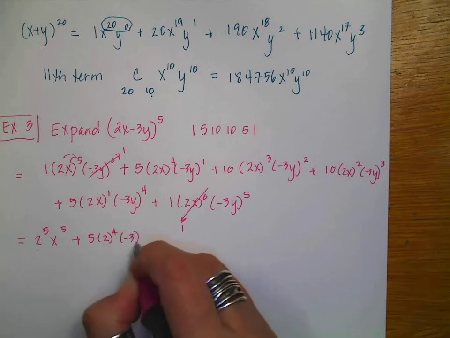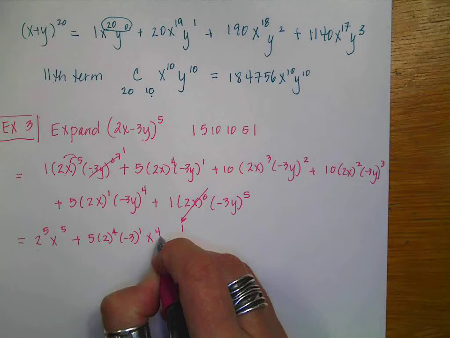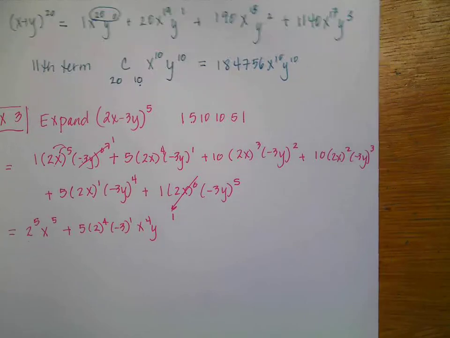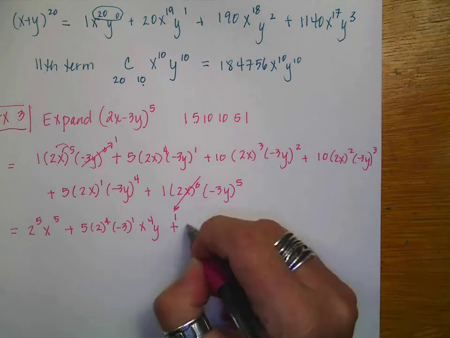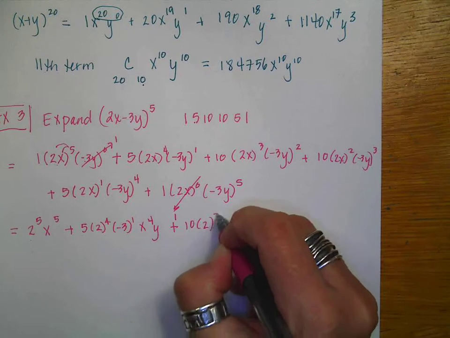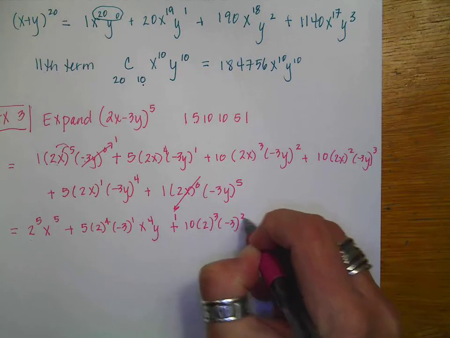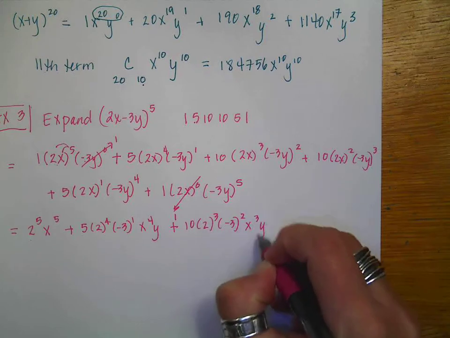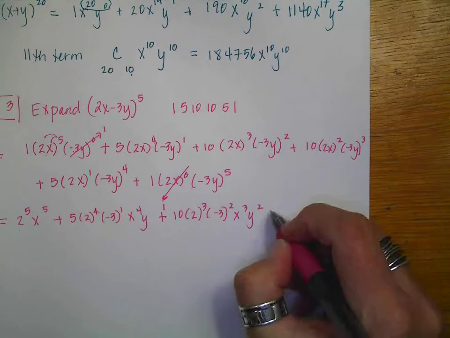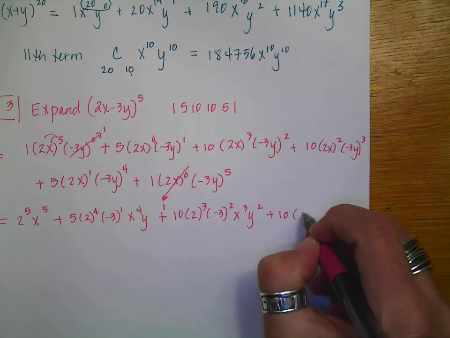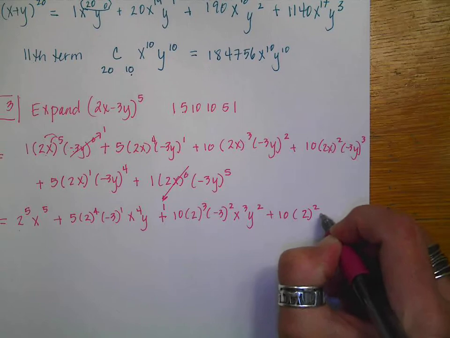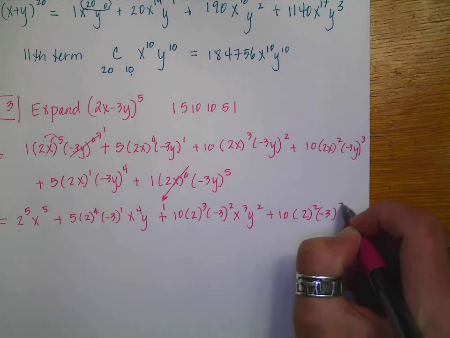Okay, so in the next term, here's the 5, and then I have times 2 to the 4th and a negative 3 to the 1st, x to the 4th, y. Okay, and then the next term, here's the 10, 2 to the 3rd, negative 3 to the 2nd, x to the 3rd, y to the 2nd. Next term, here's the 10.